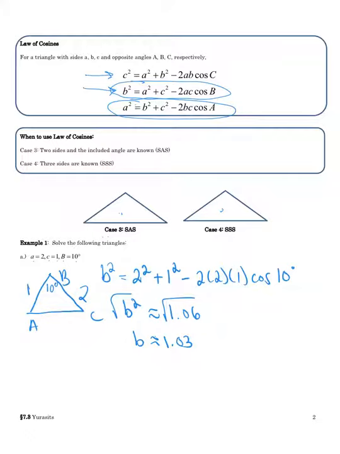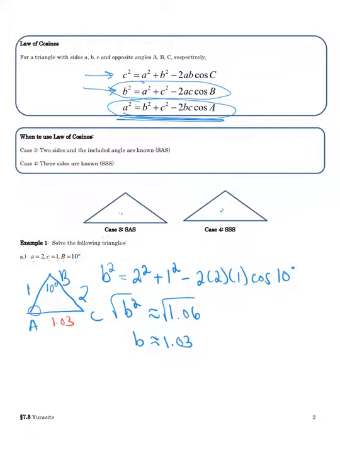Now, we have to solve for the other things, right? So now we know that this piece is 1.03. Well, I need to solve for an angle. So it's whatever angle your little heart wants to solve for first. I'm going to go ahead and choose to solve for A. So because I'm solving for angle A, I'm going to use this equation.